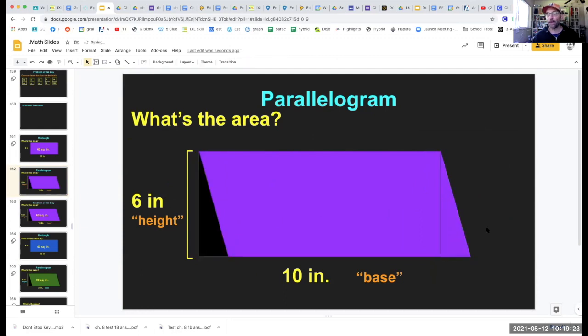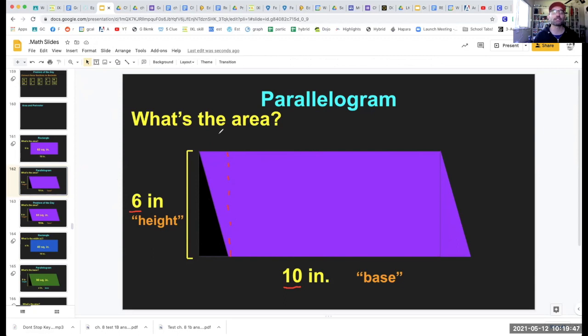So the way you find the area of a parallelogram is almost the same. I'm going to do the bottom number, which is 10, times the height, which is 6. The only difference is the height is always going to be this straight up and down measurement, right? We do not measure this diagonal edge. We only measure straight up and down.